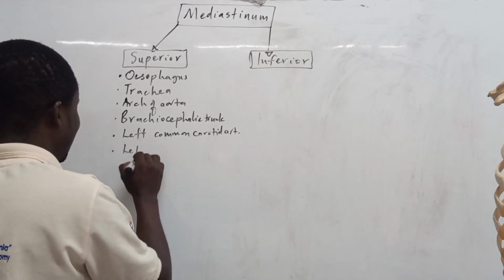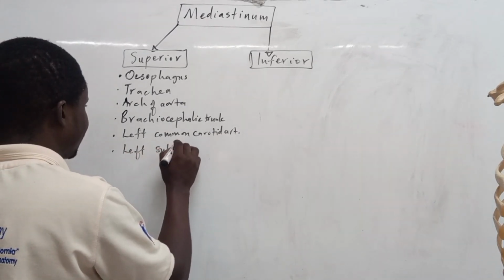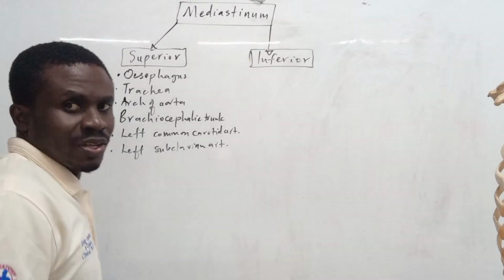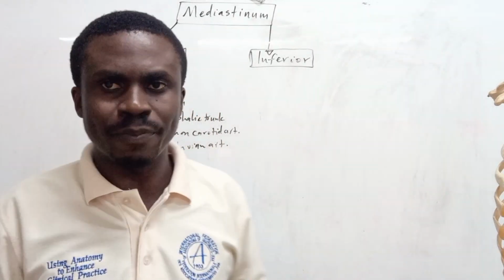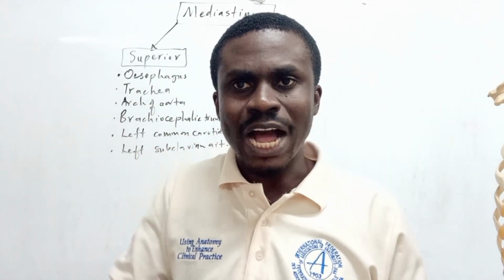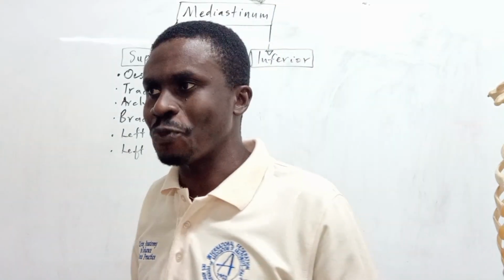We are talking about the left subclavian artery. Okay, these are the 4 arteries I'm talking about. My friends, we are not done. We also talk about 5 veins. 5 veins are also content of this superior mediastinum.